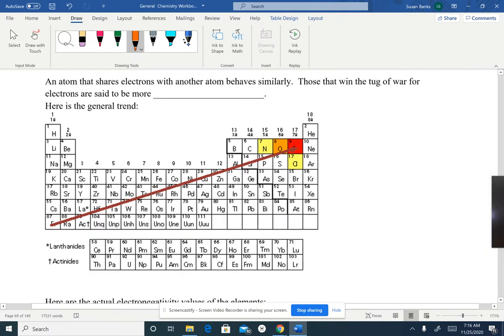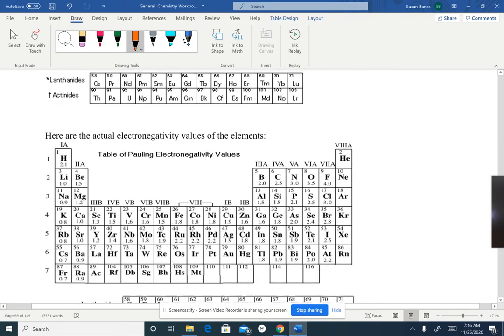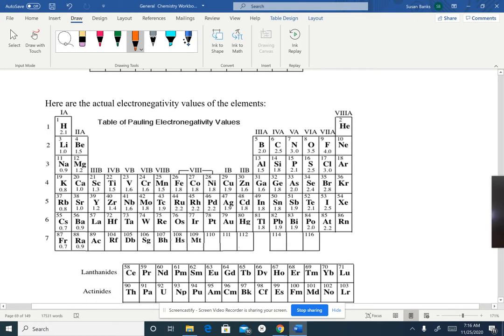And notice we have a trend here where the upper right-hand corner are our most electronegative atoms. We actually have values on this chart, and we're going to use these values a lot to determine what's going on with our electronegativity when we make bonds.